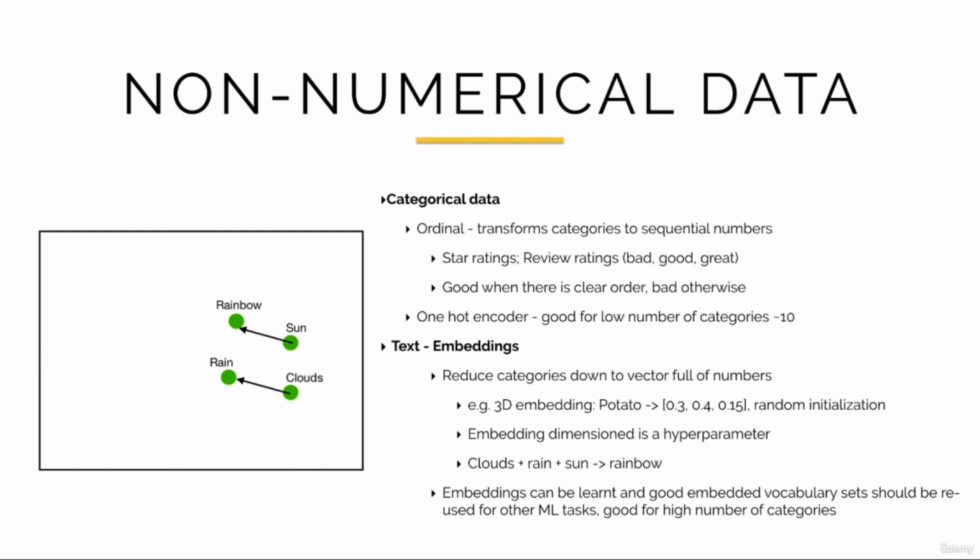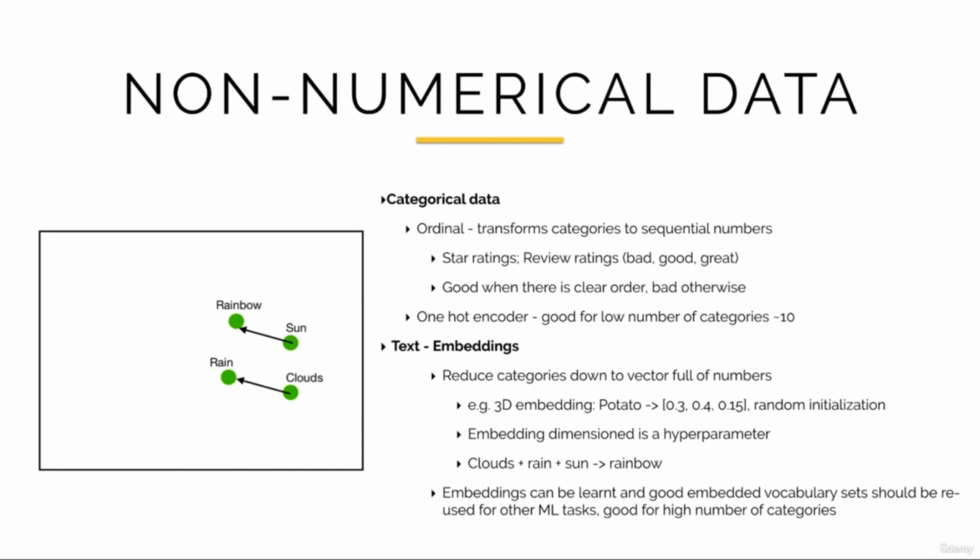So for example, we can take the word potato and use a 3D embedding, and so every word or every category is assigned 3 numbers. Now these numbers will initially be set randomly, but these embeddings are actually something that you can learn. And the embedding dimension is actually a hyperparameter of your model now too.